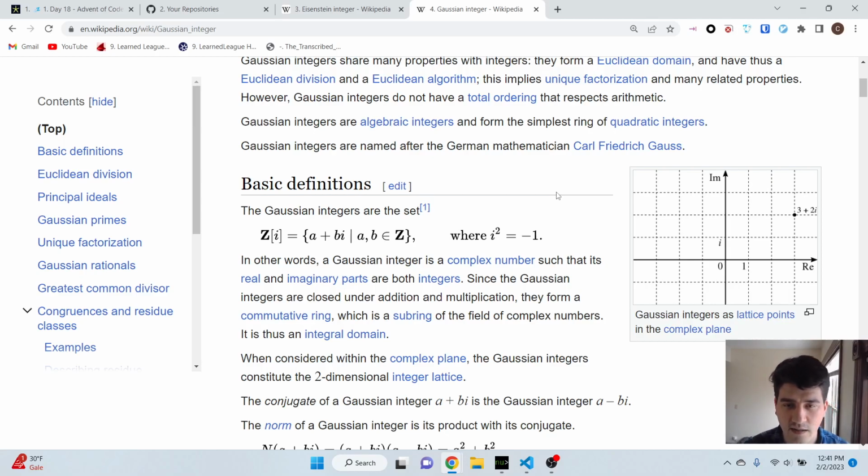You can characterize them in terms of the primes in the regular integers, but things like 2 can be factored in the Gaussian integers, because you can have 1 plus i, for instance. Is that right? Yeah, 1 plus i times 1 minus i is going to be 2. So 2 can be factored. It's not prime, whereas it is prime in the integers. So there's some really cool stuff in here.